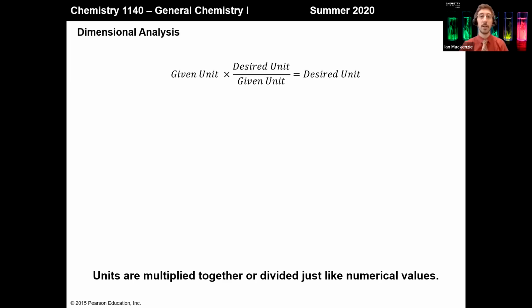So if we take a given unit and multiply it by some fraction that is a desired unit over a given unit, multiplying just like numbers, we would have given unit times desired unit in the numerator and given unit in the denominator. The given unit would simply cancel out and we would be left with the desired unit. That's essentially how we do most of our calculations, how we keep track of units, and multiply them together and cancel them.